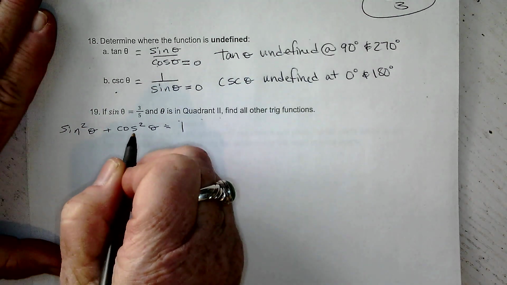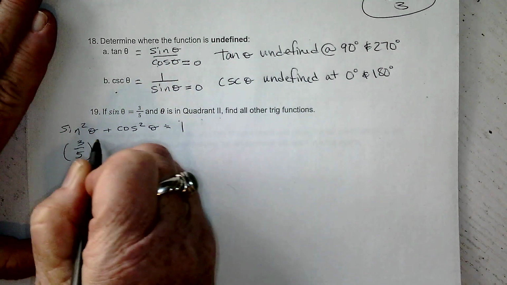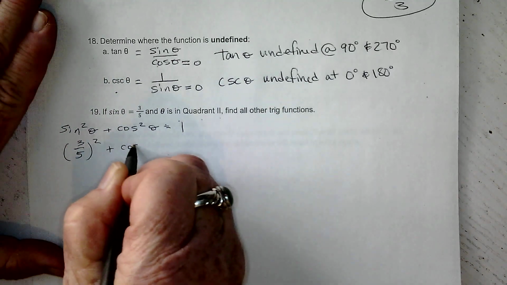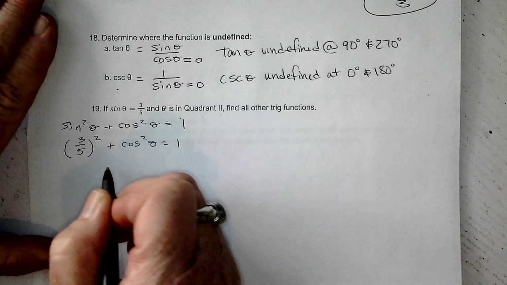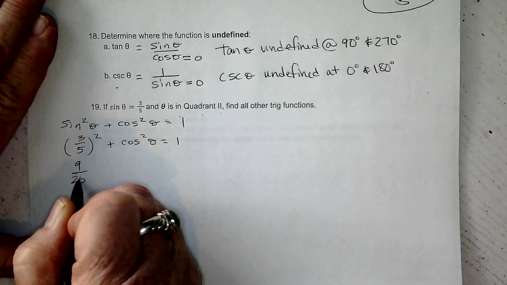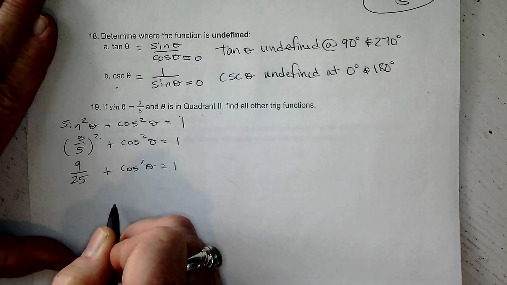So I can find cosine just by substituting in 3/5 for my sine. Make sure you square it. 3 squared is 9, 5 squared is 25. You've got cosine squared theta equal to 1.